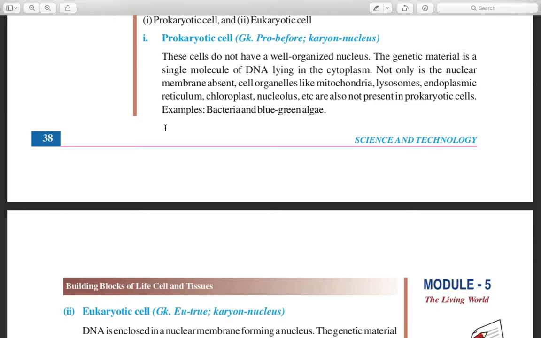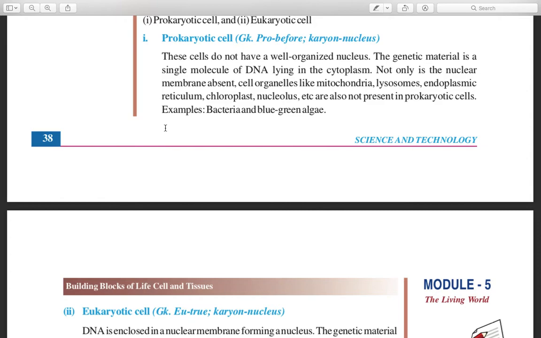Not only is the nuclear membrane absent, cell organelles like mitochondria, lysosomes, endoplasmic reticulum, chloroplast, nucleolus, etc. are also not present in prokaryotic cells. These are some of the organelles of cells. Don't be scared of these names. Inshallah, we will read more about the functions of these organelles.